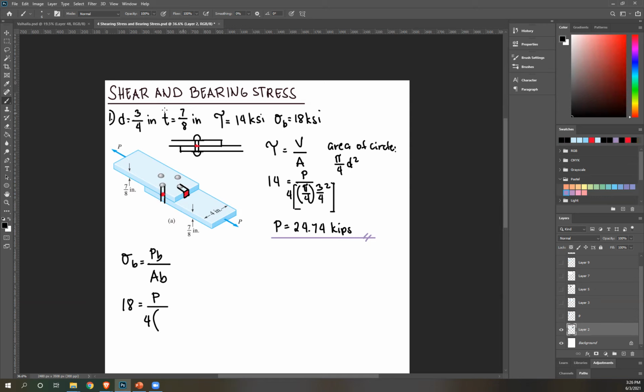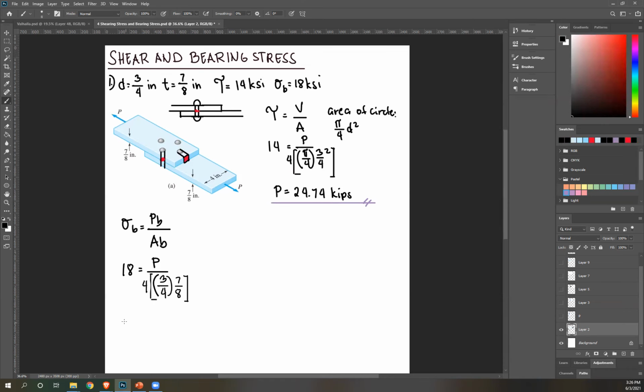So base, diameter of the rivet is 3/4, times height. This height is the thickness of your plate, which is 7/8. So times 7/8. That's the projected area of each rivet. And again, there's 4 of them, so times 4. So solving for this, you should get 47.25 kips.